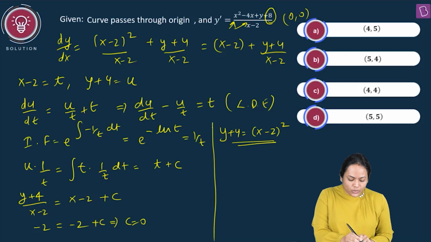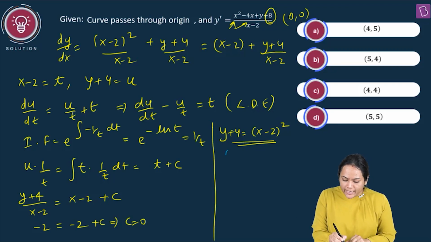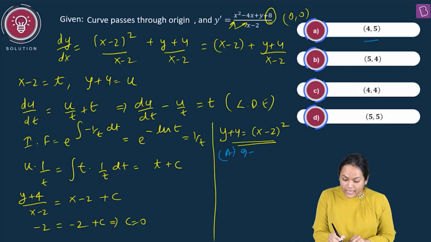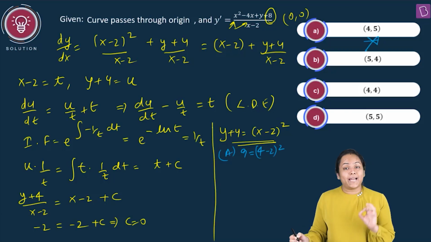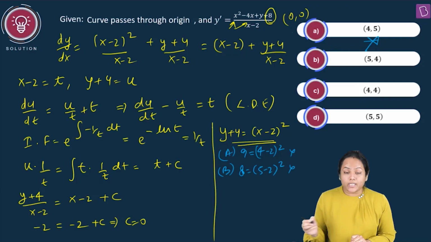So when I start with my option A, it is 4 comma 5. So when I put this, it's going to be 9 is equal to 4 minus 2 whole square. Definitely not correct. Then I have my B option, which is 5 comma 4. When I substitute, it's going to become 8 is equal to 5 minus 2 whole square, definitely not correct.